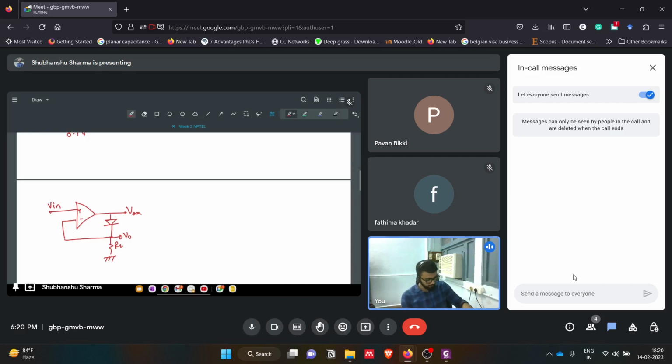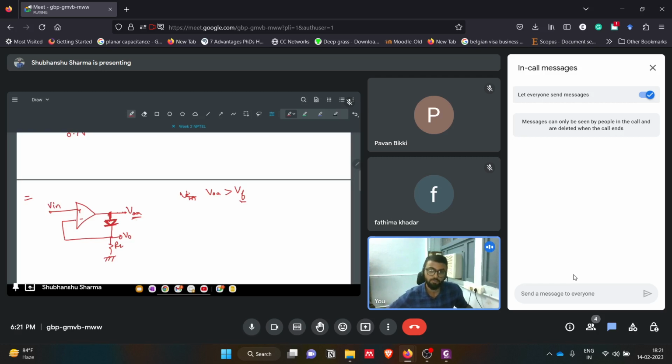If the VOA voltage here is greater than the voltage across the diode, which is normally 0.7 volt.